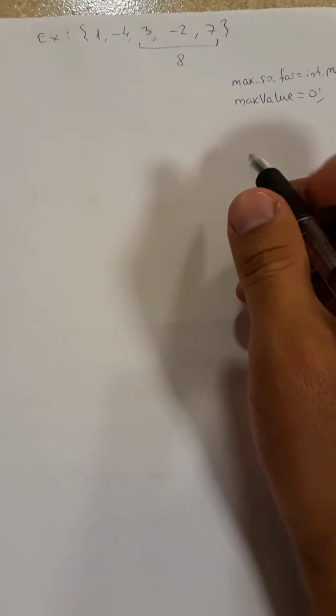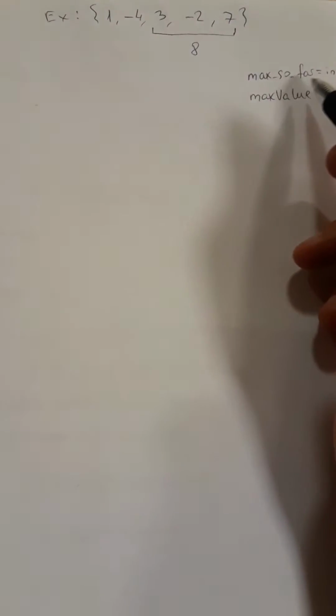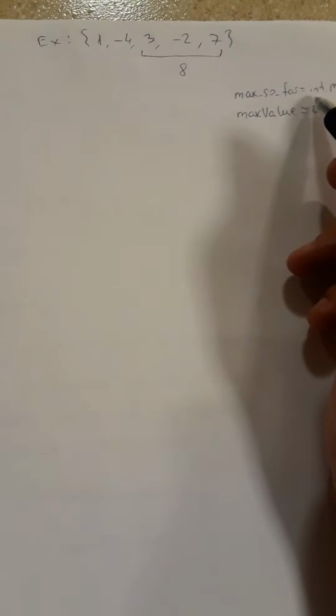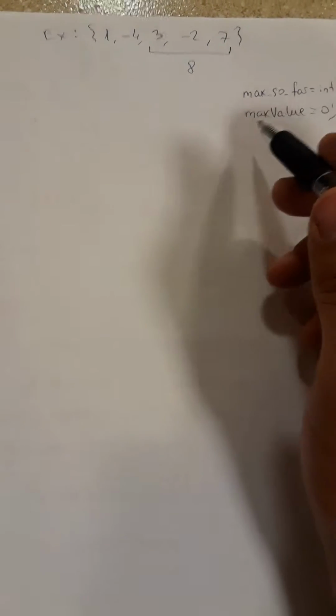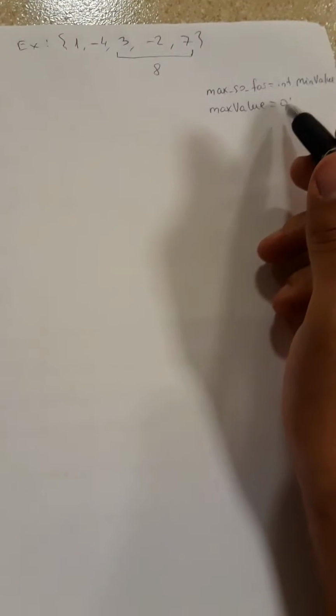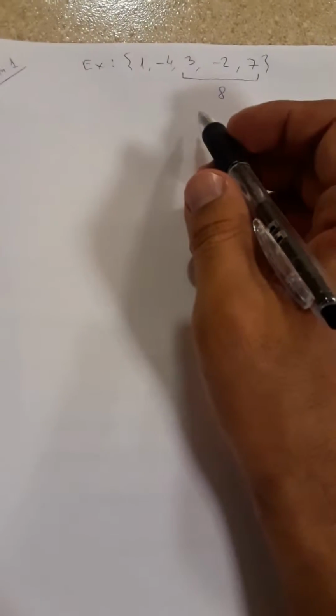And here we have to define two variables. One is max so far, which we will define as the minimum value, and another is the max value variable, which we will define equal to 0. And how are we going to calculate this?